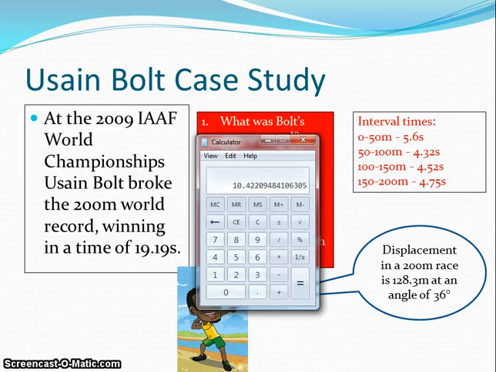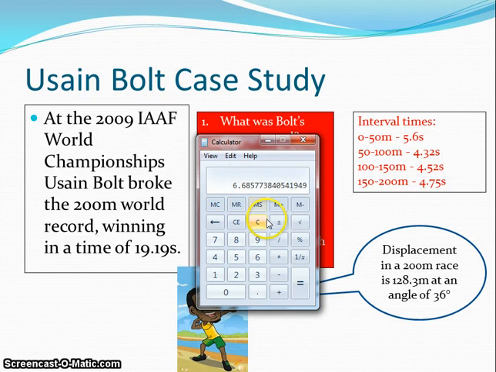So if I bring the calculator back up, let's clear this. 128.3, and we divide that by 19.19 equals. So we know our average velocity was 6.69. I'm rounding it to 2 dp again, don't forget.